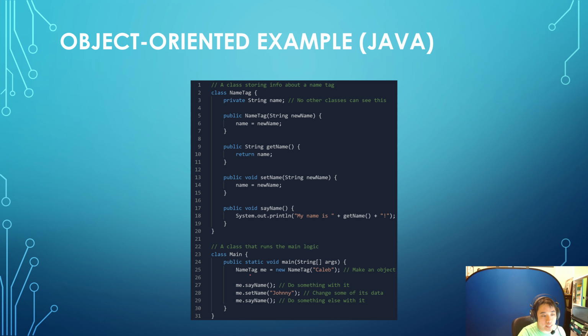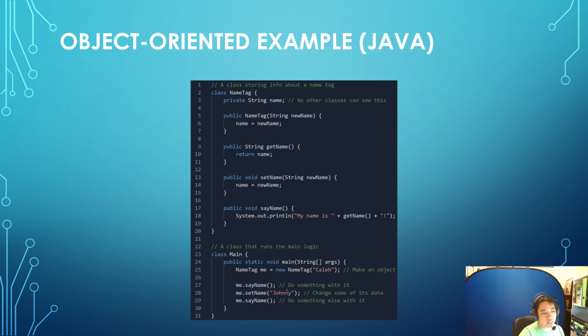So we have the name tag, and I'm going to set that to, well, a new name tag that we're going to create using its constructor and the new keyword. Make sure you add a new keyword so that your constructor will know that you want a new object. So that is the syntax for making new objects.